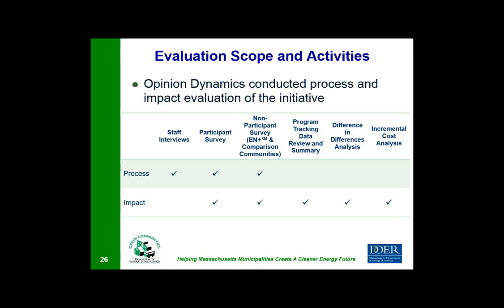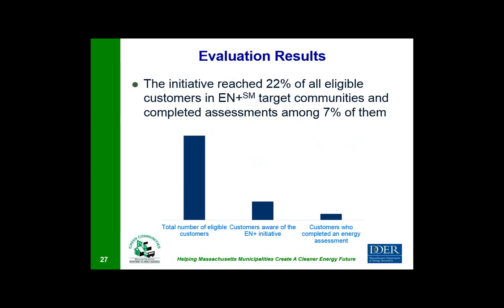The initiative was really fairly successful. Overall, in the target communities, our research found that 22% of the community members were actually aware of the initiative. That's this middle bar here. The bar on the far left shows the total number of eligible customers across the targeted communities.